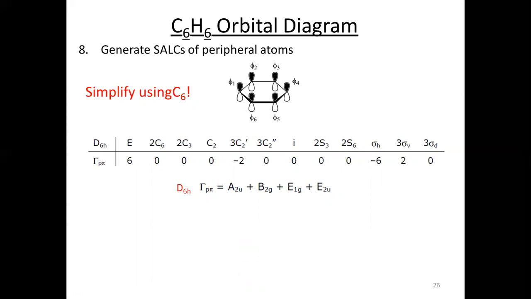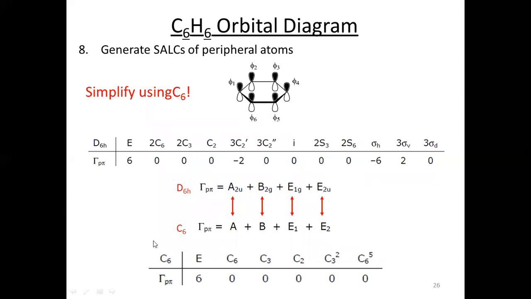Just think about what your reducible representation for D6h is. Our reducible representation is A, B, and E representation. And if you look at your character table for C6, our representations are A, B, E, and E. It means we have similar representations in both point groups.